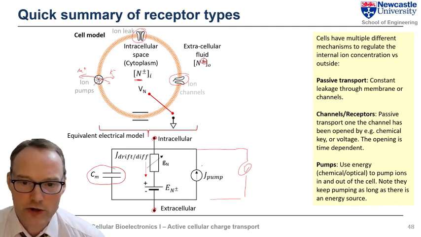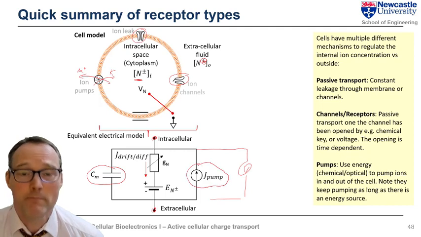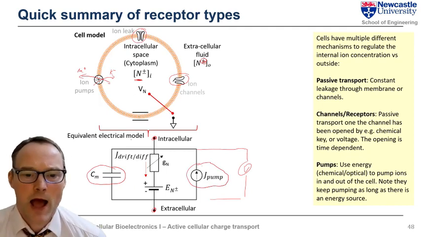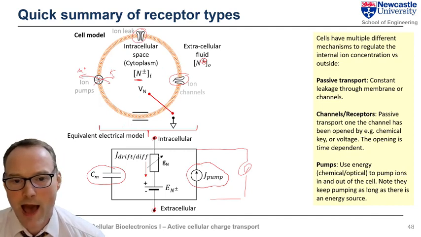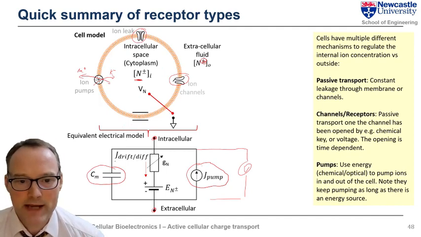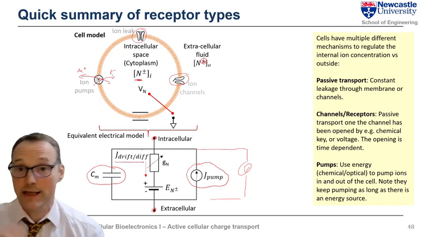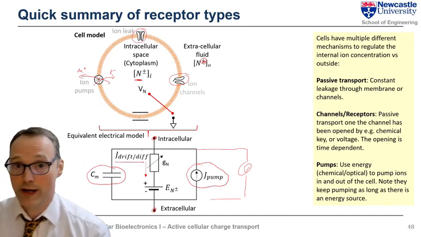In this structure, we have pumps, which merrily pump the ions away. And then we have a mixture of drift and diffusion. We think of this, at least initially, in equilibrium.